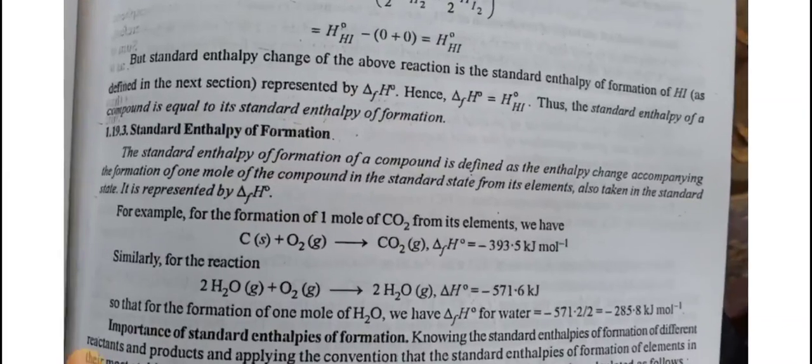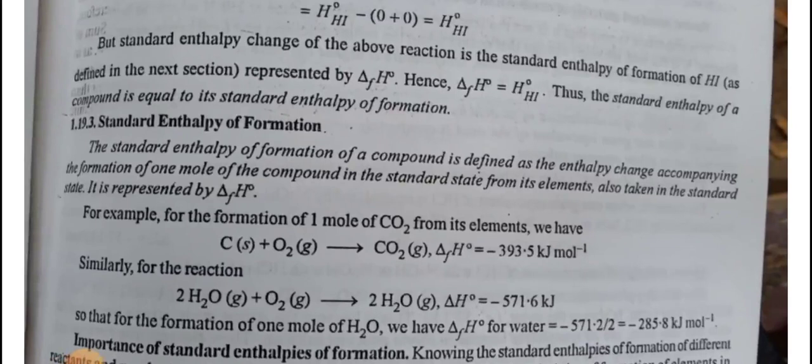But the standard enthalpy change of the above reaction is the standard enthalpy of formation of HI, as defined in the next section, represented by delta H f naught. Hence, delta H f naught is equal to H naught of HI. Thus, the standard enthalpy of the compound is equal to its standard enthalpy of formation. Standard enthalpy of formation.